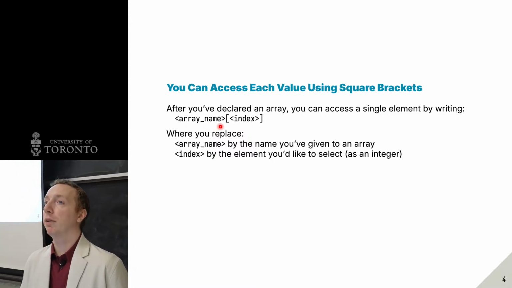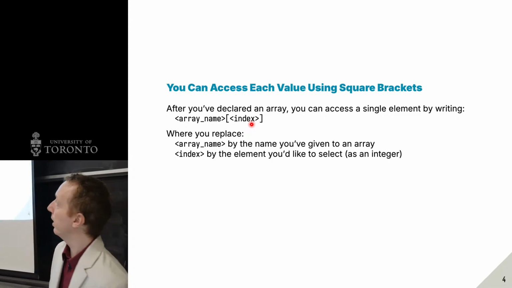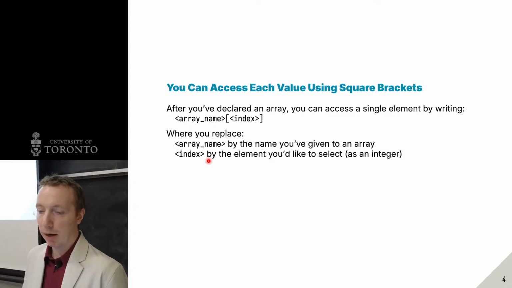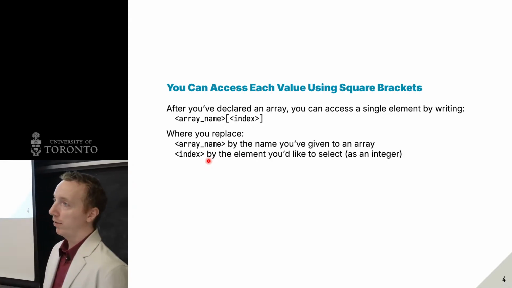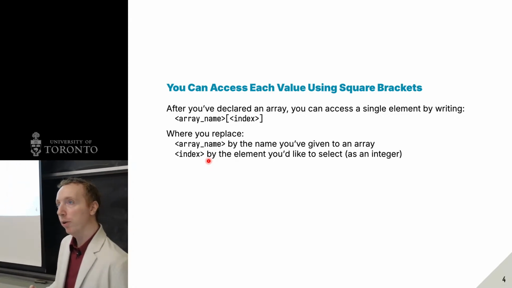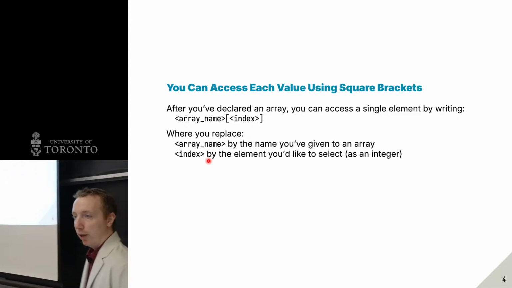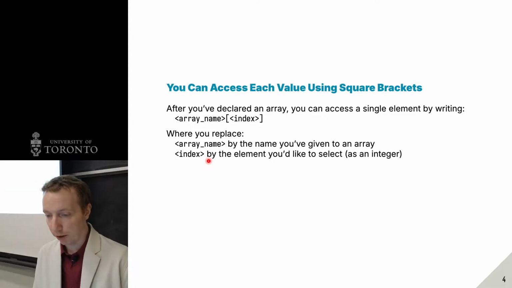And if we want to get a value of it, we use square brackets and then this index, where the index is just a number. So that is the element number I would like to select, and it is an integer. And it always starts at 0. So everything is indexed at 0. Computers, again, like being indexed at 0, not 1 like humans. So just remember that it always starts at 0.